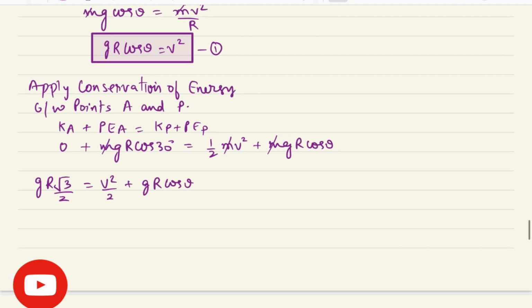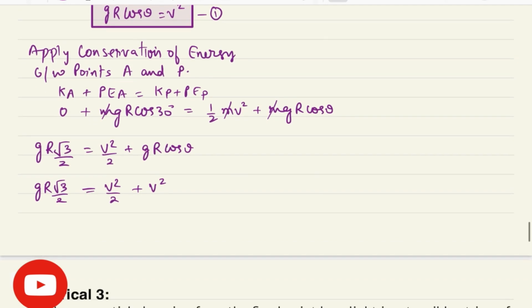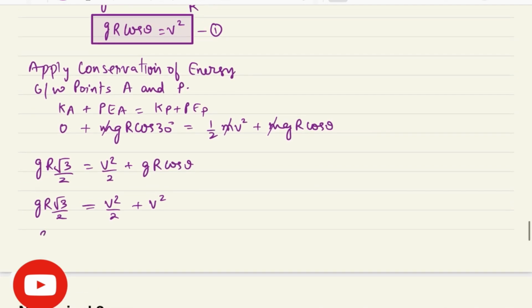So we will use the value of gr cos theta in this equation. So this is gr root 3 by 2 equals v square by 2 plus v square. What we get? We get gr root 3 by 2 equals 3 by 2 v square. This is what we get.